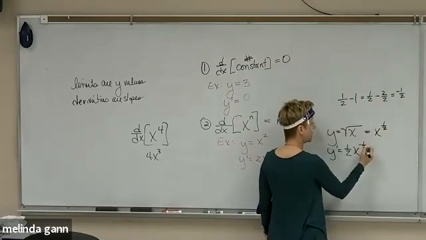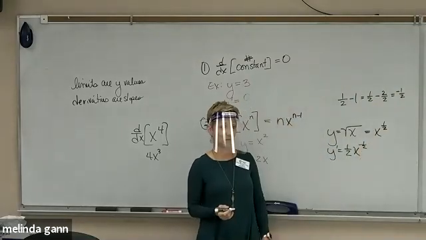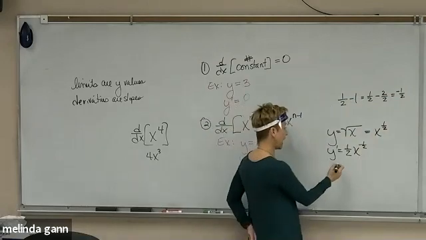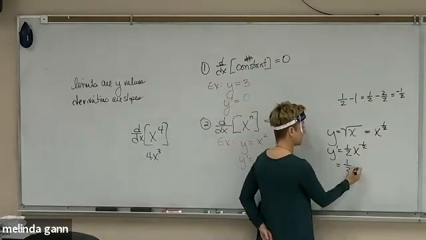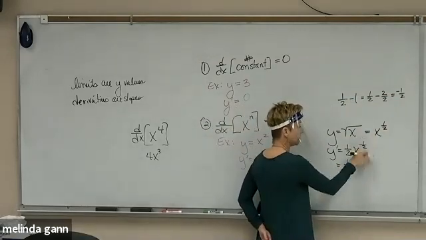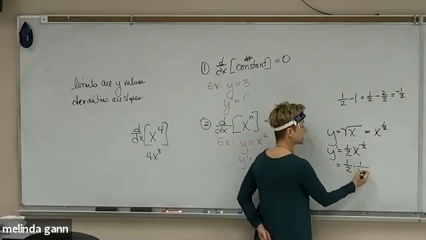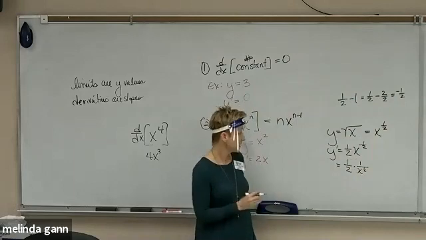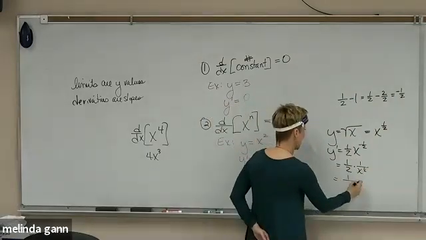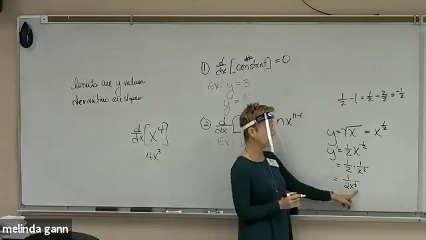-1/2. Now, we don't like leaving powers negative. So that's not what they're going to have in the back of the book. They're going to bring that to the bottom and make it 1 over x to the 1/2. Now, you can leave it like this if you want to. But the back of the book's probably not going to leave it like that.